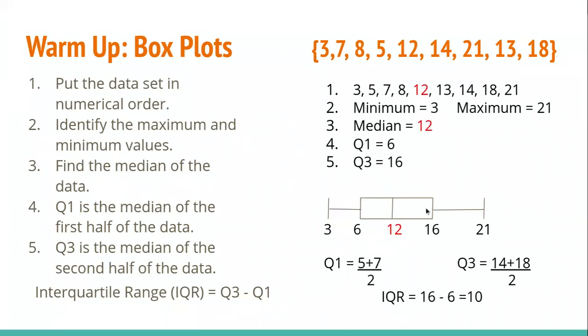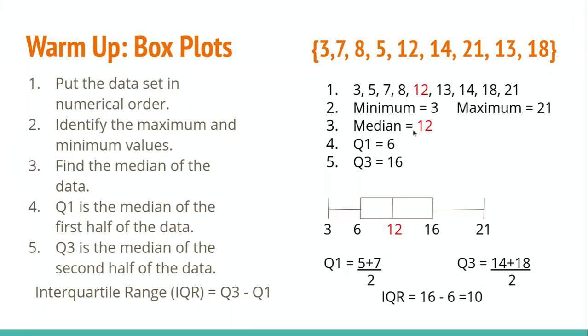So the first step, you should have put the data in order: 3, 5, 7, 8, 12, 13, 14, 18, 21. Second step, you identify the maximum and the minimum.